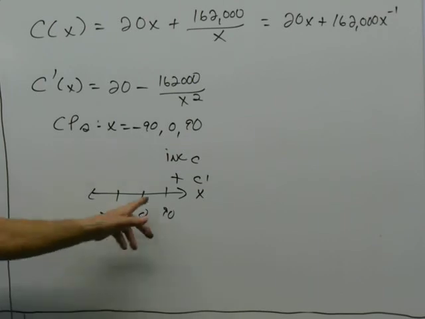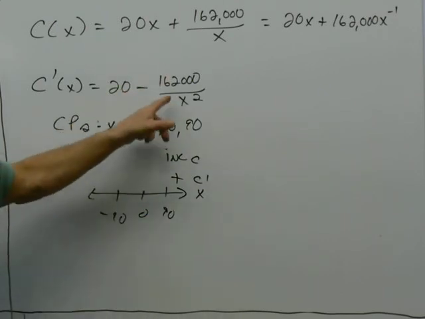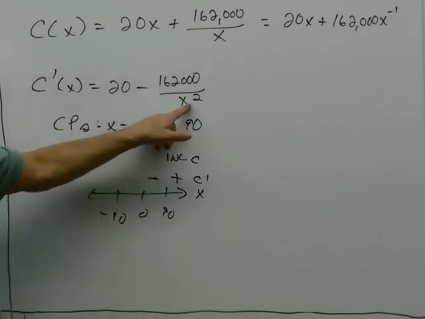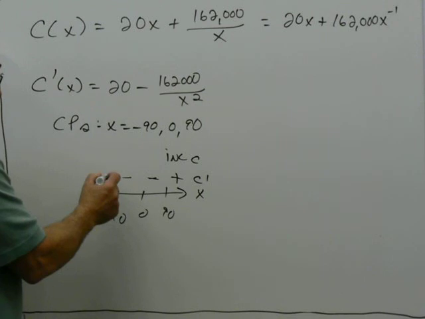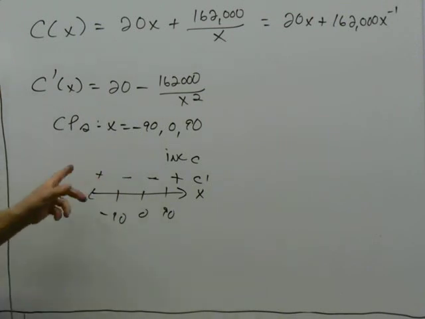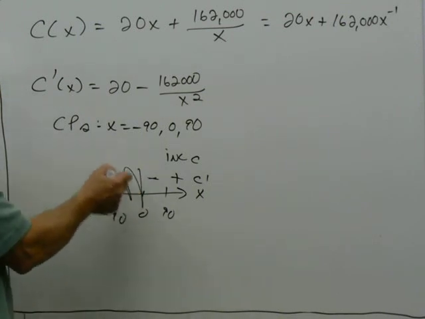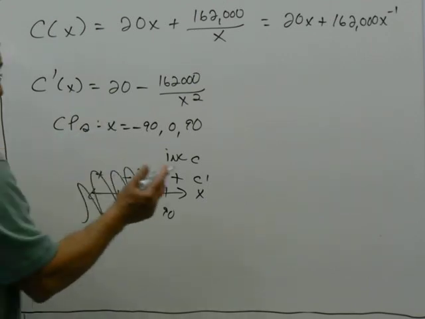And that'll work. If I take a number in this region like 1, if I put 1 in for x, I have 20 minus 162,000. That's going to be a negative number. If I put negative 1, it would be negative 1 squared, so it would be positive 1, and that would be negative, and back here would be positive. Again, all of this from here back does not matter because x is going to be a positive number of feet that we're going to choose from that dimension of my plot.